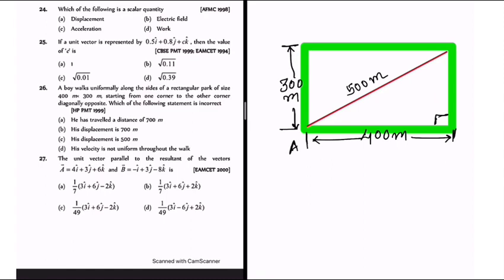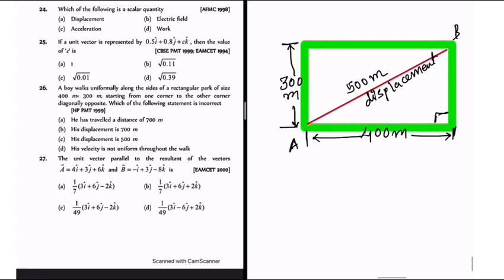A person is moving from A to B. 500 is its displacement, because final minus initial is the displacement. So which one is incorrect? He has traveled a distance of 700, correct? 400 plus 300. He walks uniformly along the sides.